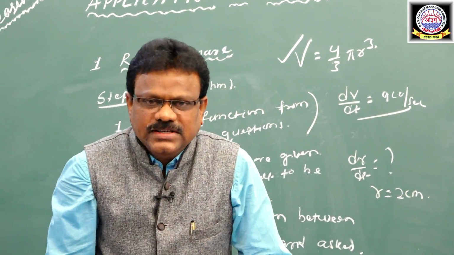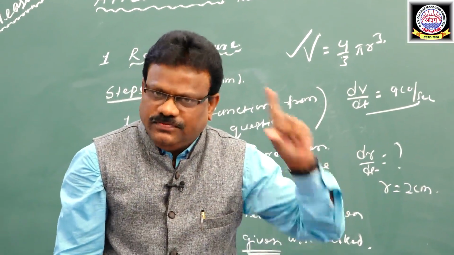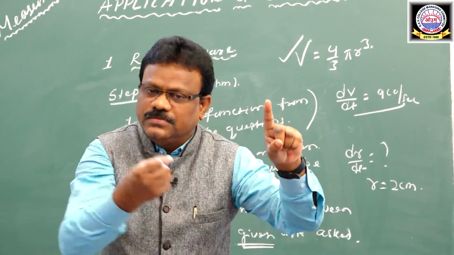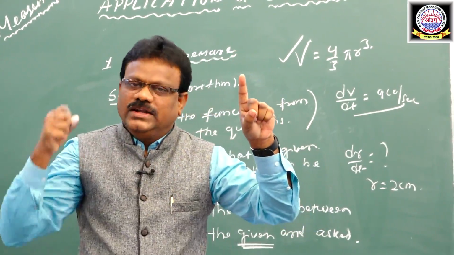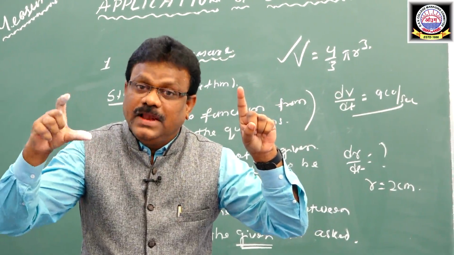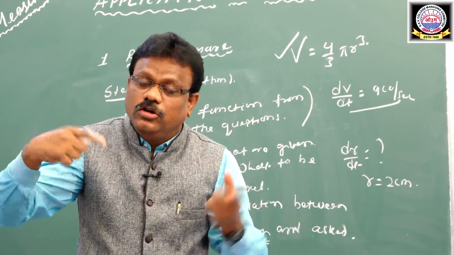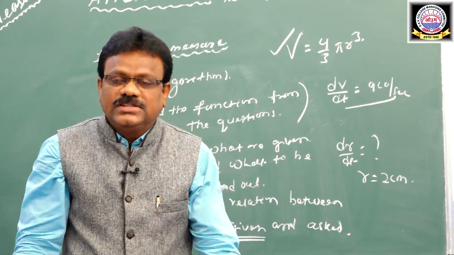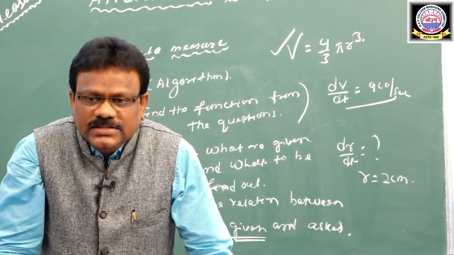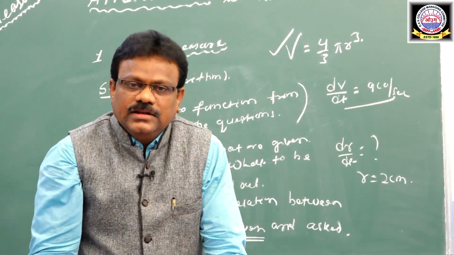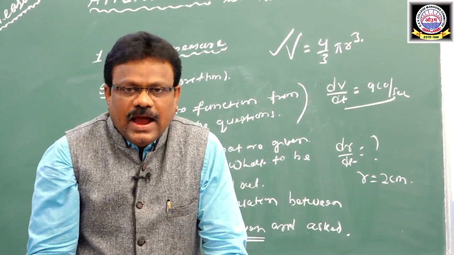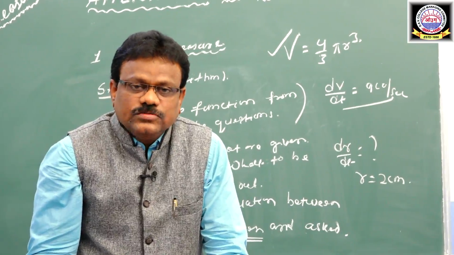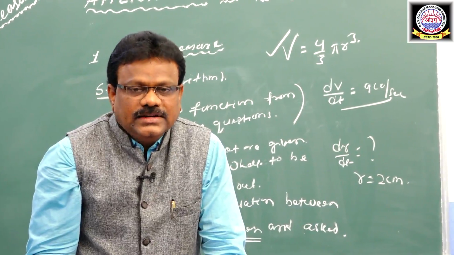So, by listening to the question, first the volume of the sphere will be cast from the question. What is given? Inflated at the rate means the volume is inflated, so dV by dt is given, 9 cubic centimeter per second. What is asked? At what rate the radius is increased at the instant radius is equal to 2 centimeter, meaning it is asked to find dr by dt.